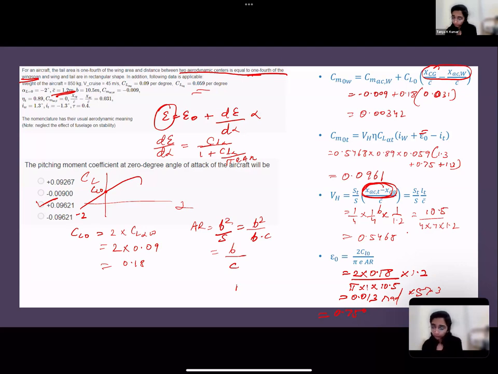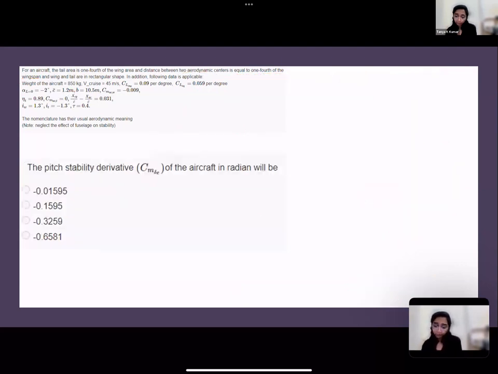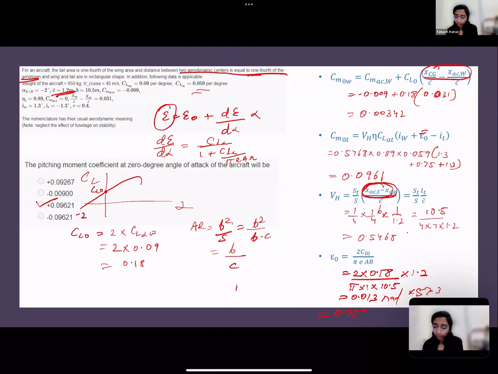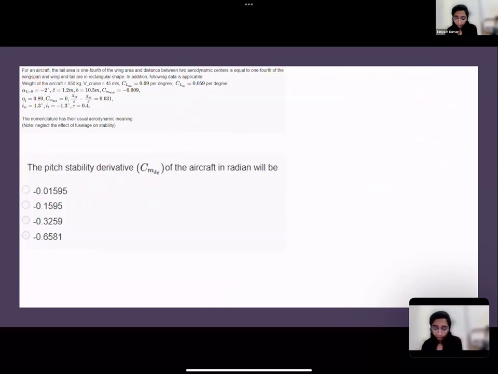Okay. Next, the pitch stability derivative, Cm delta E of the aircraft in radians. Please remember that this equation will always give you value in radians. How do you go about doing this? There's a direct formula for pitch stability derivative.